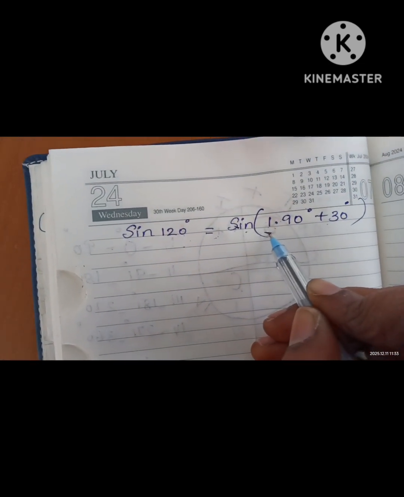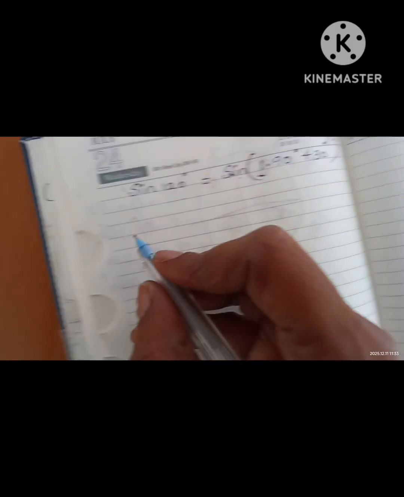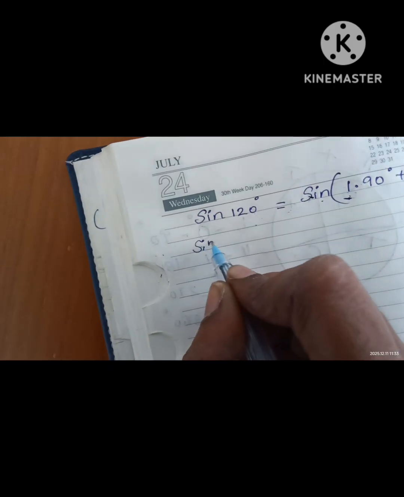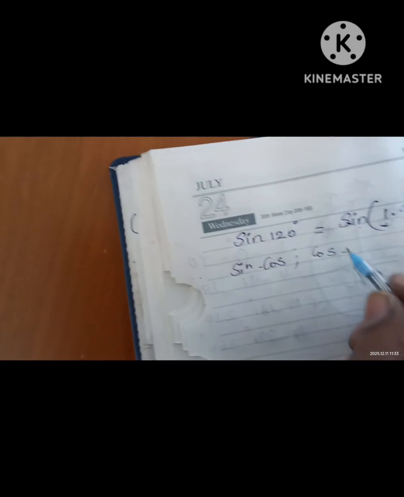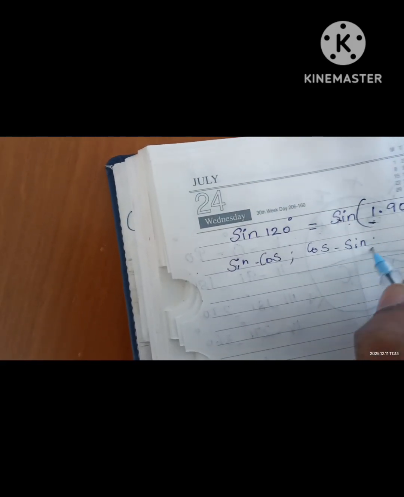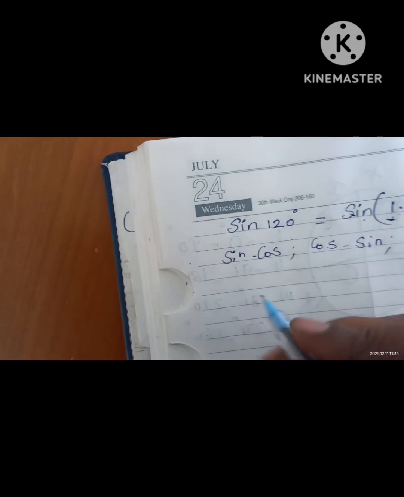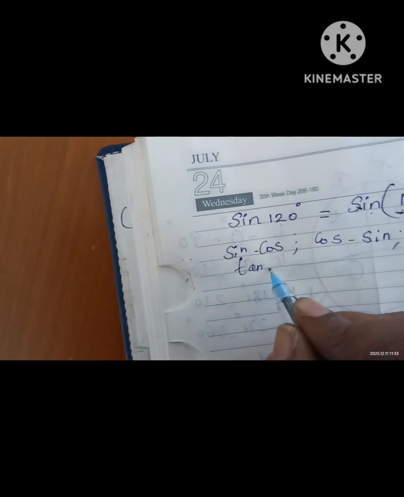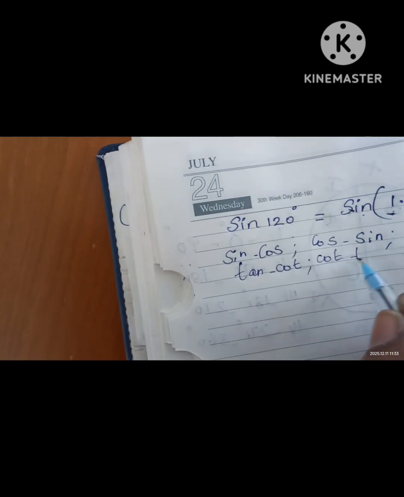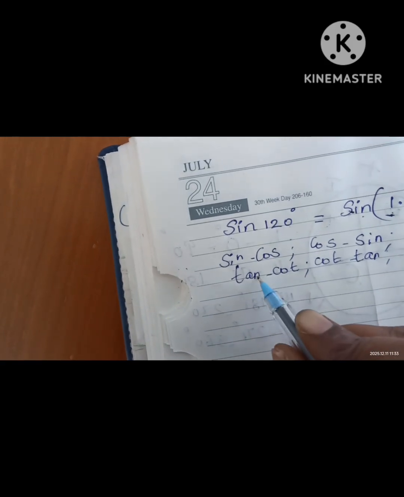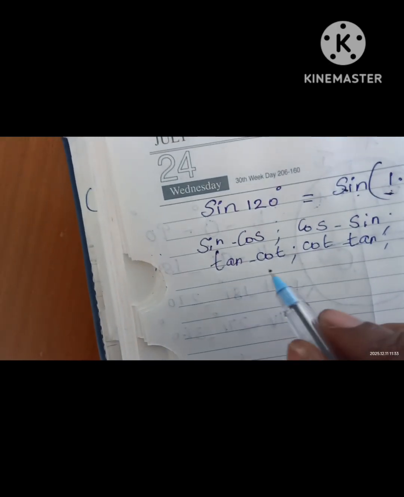Okay. Now we have to see this number first. If the number is odd, sine will be changed into cos, cos changes to sine, tan changes to cot, and cot changes to tan. You know, tan never leaves its pair. We all know the reciprocal of tan is cot.